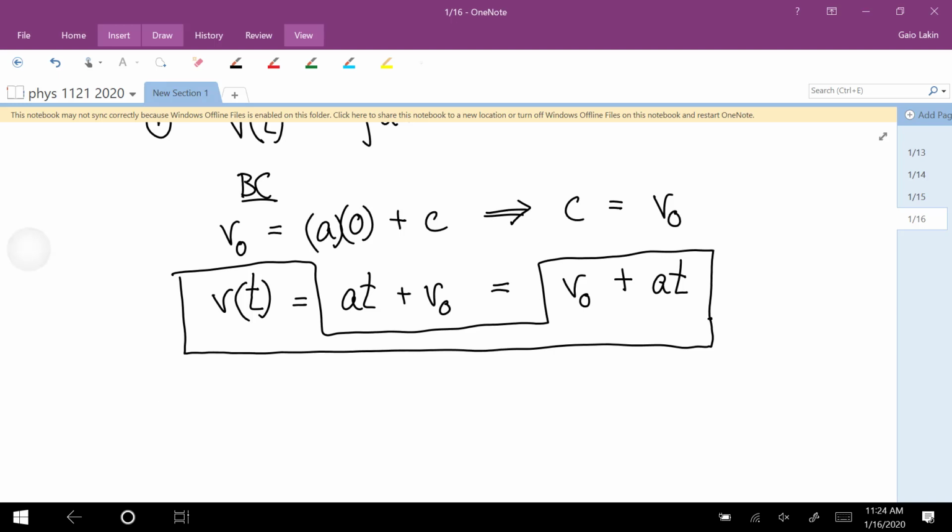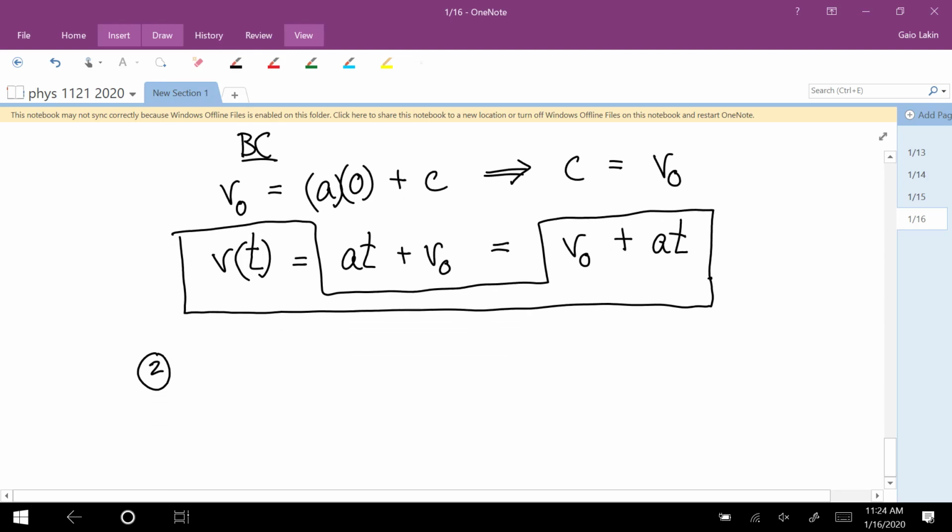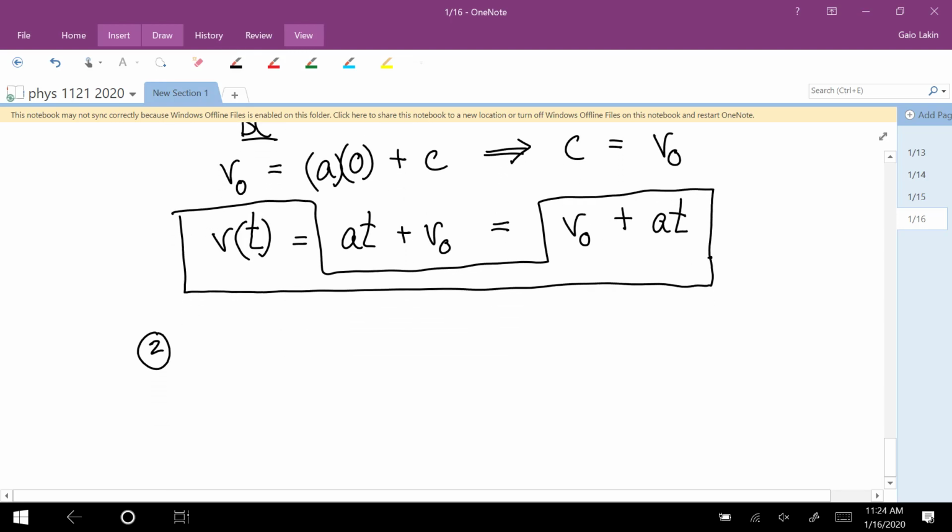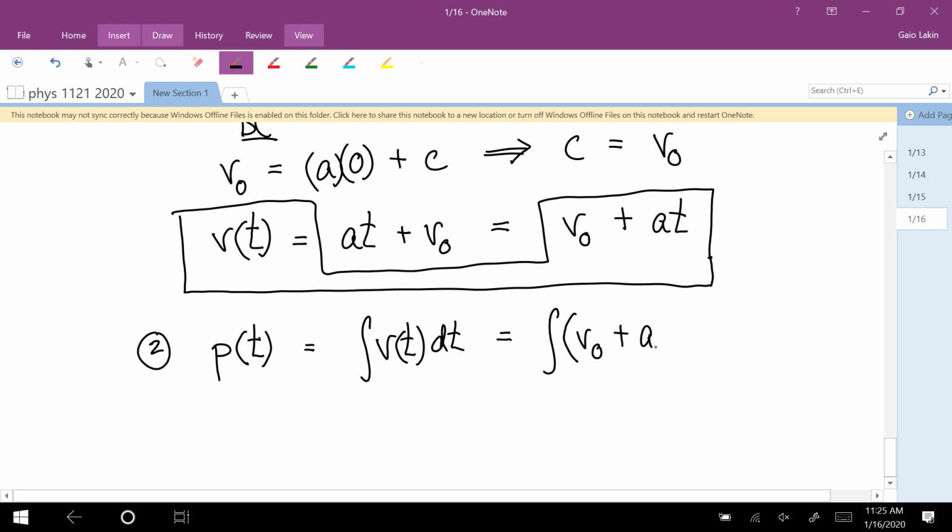And now we want to do the same thing for the position function. So position as a function of time is the integral of the velocity as a function of time with respect to time. And we have a function for that now. So this is the integral of the quantity v0 plus at dt.